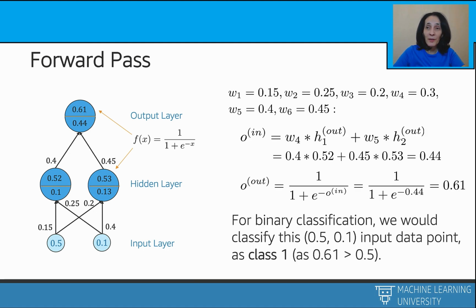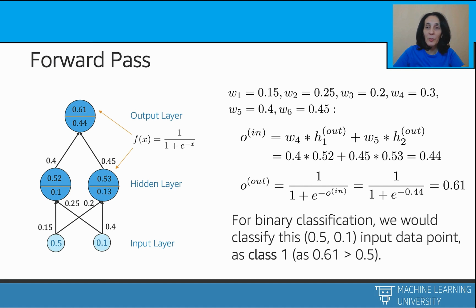So moving from the hidden layer to the output layer, let's first compute the weighted sum arriving at the output neuron from its inputs coming from those two hidden neurons. That is O superscript in, according to the values here, will be 0.52 coming from the first hidden neuron times 0.4 plus 0.53 coming from the second hidden neuron times the weight 0.45.